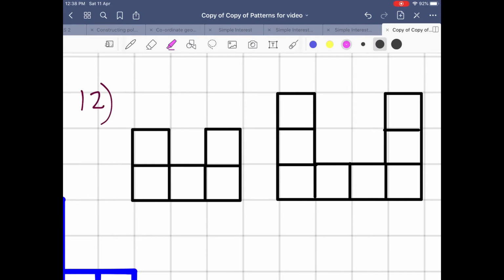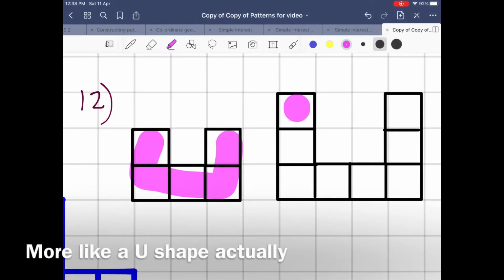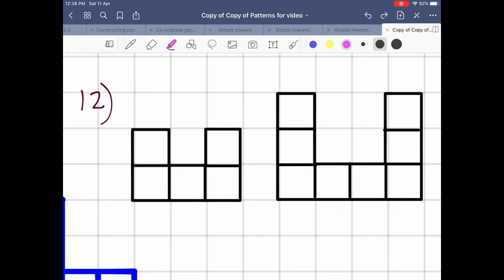We are seeing that we have some kind of C shape, right? So if we look carefully, we will see that we are going from 1 block inside to 2 blocks inside. 1 block up to 2 blocks up. So we are increasing vertically on the ends and increasing on the inside.